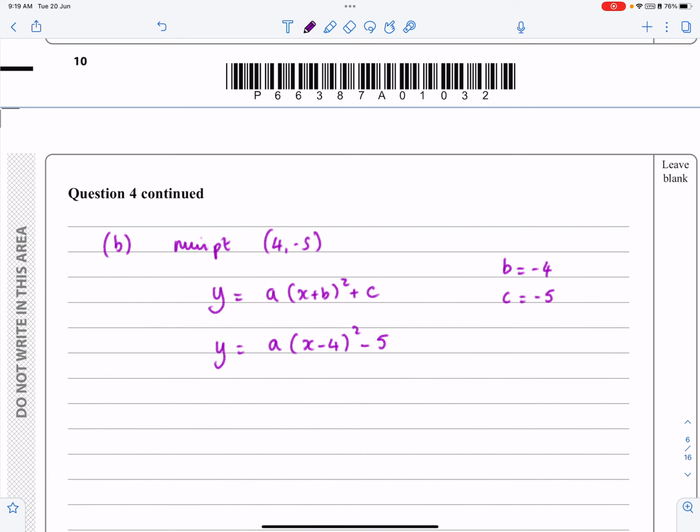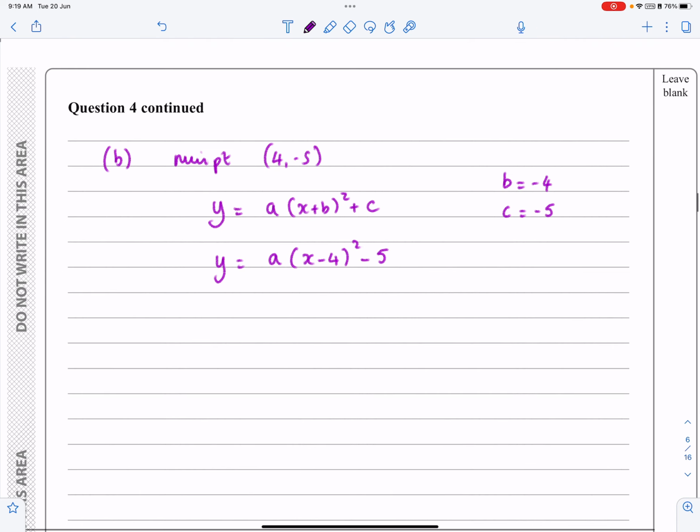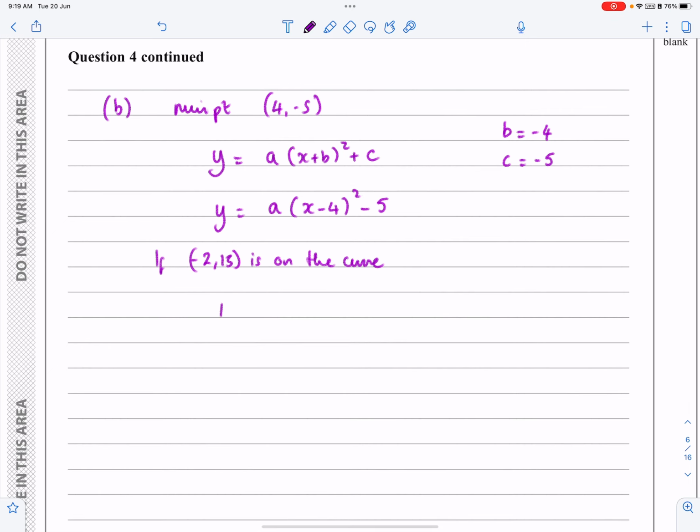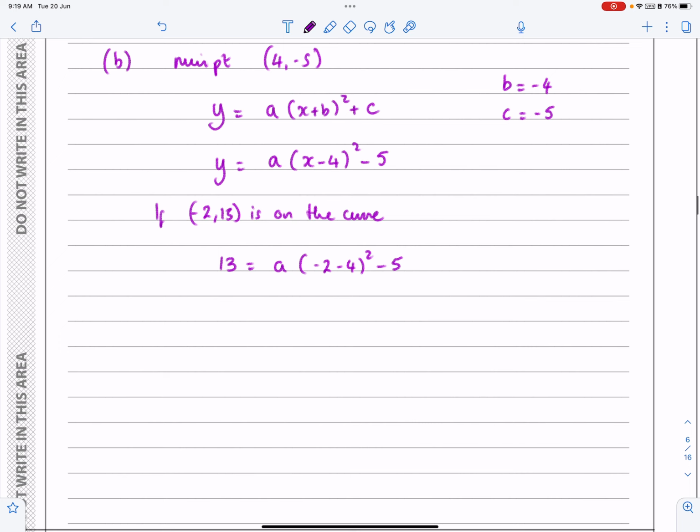So we have got to work out what the a is, and now I'm going to use the fact that I know a point on the curve. So what have we got? Minus 2, 13. If minus 2, 13 is on the curve, then I can put that in. So 13 is equal to a(minus 2 minus 4) squared minus 5, and I can rearrange all that to work out what a is.